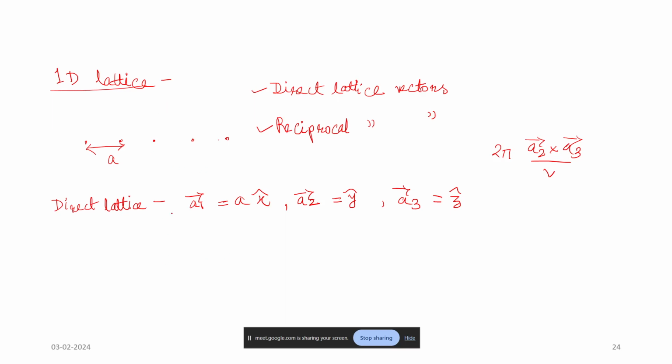Going through the steps, we'll see that in the reciprocal lattice b1, b2, b3, only one will have the term with the inverse of the length. These are just for the mathematical calculation, there is no value associated, it is only a in this direction.